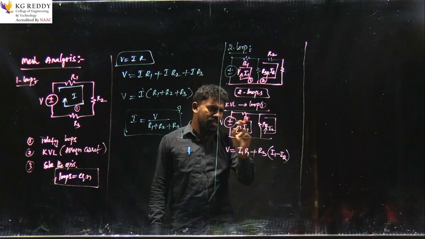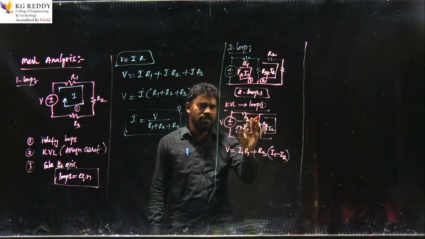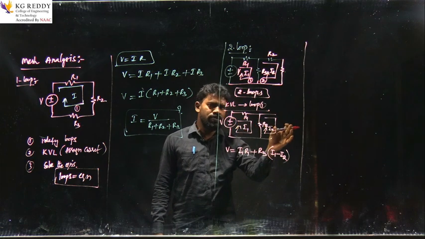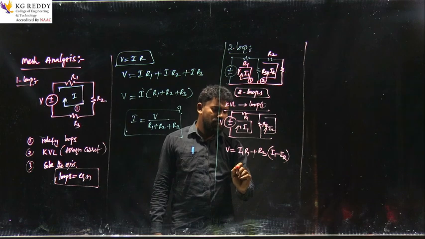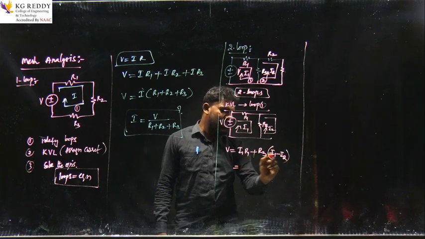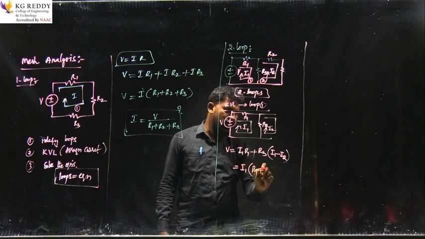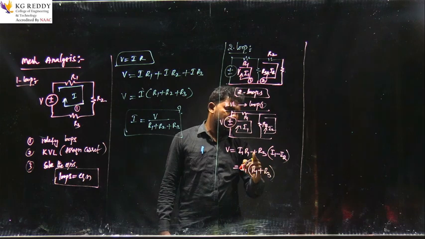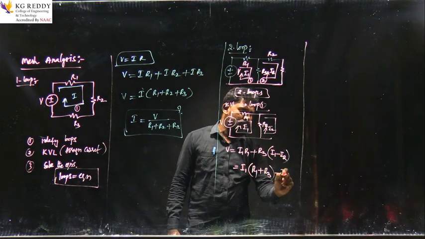Since I am applying it to loop 1, loop 1 is the higher potential, so loop 1 minus loop 2, that is why I take I1 minus I2. Now you can simplify. I1 term is there, I1 term is there, so taking I1 common, I1 into R1 plus R3, then minus I2 into R3. So this is equation 1.